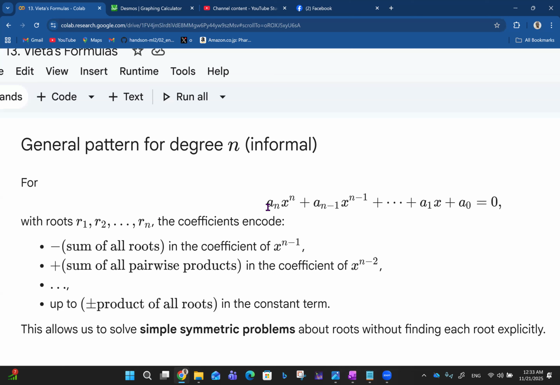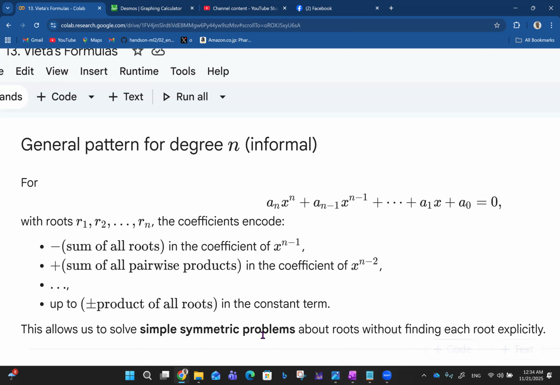Then the next thing we have is r1r2 plus r2r3 and so on, and that will be positive of whatever is next: a(n-2) over an. And we go on like that up to the product r1 times r2 times r3 up to rn, which would be plus or minus depending on the number of terms you have. So that's some kind of generalization.